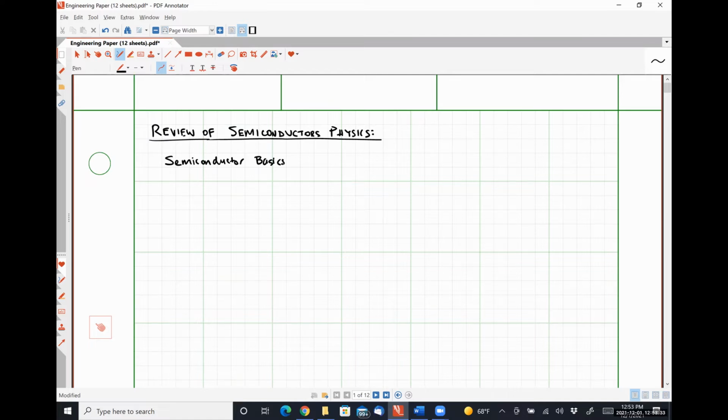We can also take elements from group 3 and group 5, sorry, because it doesn't say the groups on there, I'm getting confused. So gallium arsenide is a very widely used semiconductor. Gallium nitride was used a lot at the Air Force Research Labs when I was up there back in 2015.